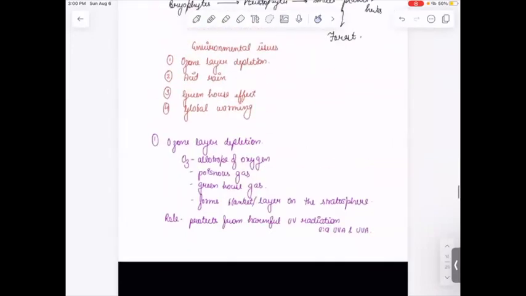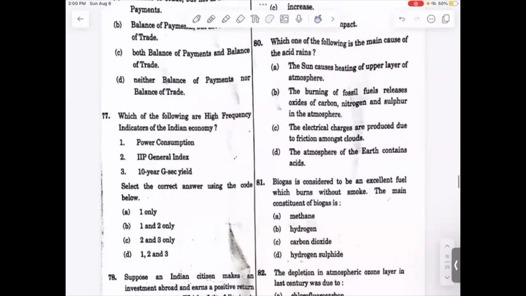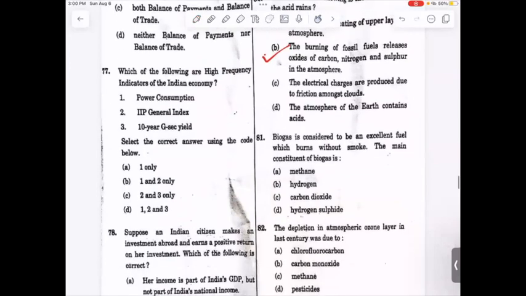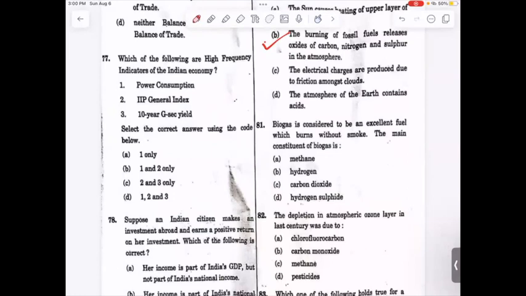Now let's look for the correct answer. Okay, the options are, first option is incorrect. Second, yes, option B. The source could be any, but the oxides of carbon, nitrogen, and oxygen, they cause this. Next, biogas. This we have discussed a lot in class. The major constituent of biogas is methane, CH4.